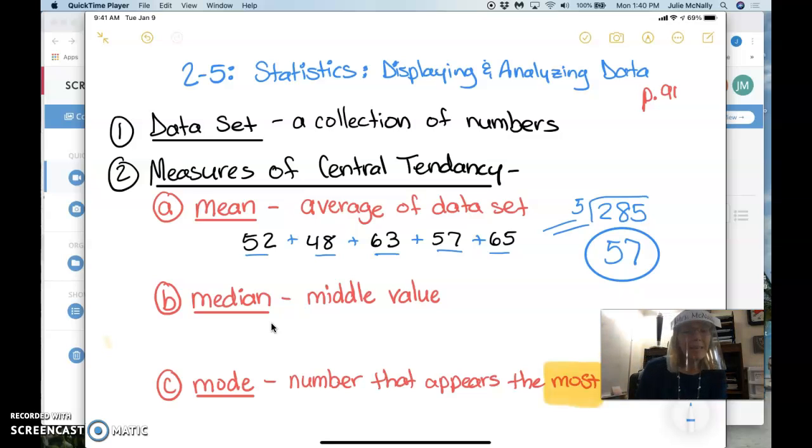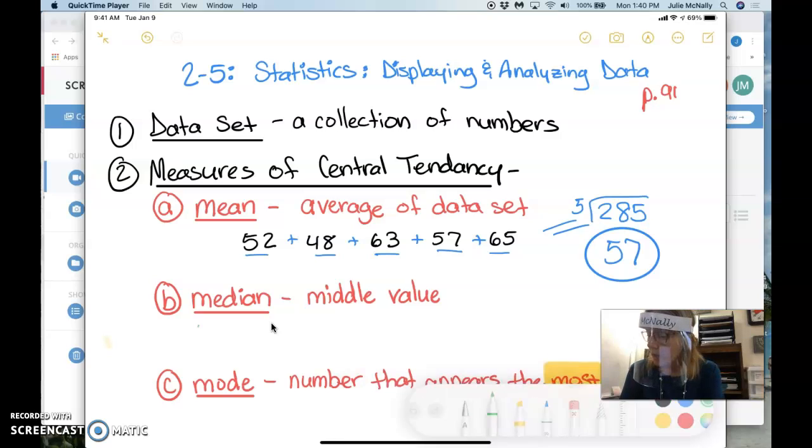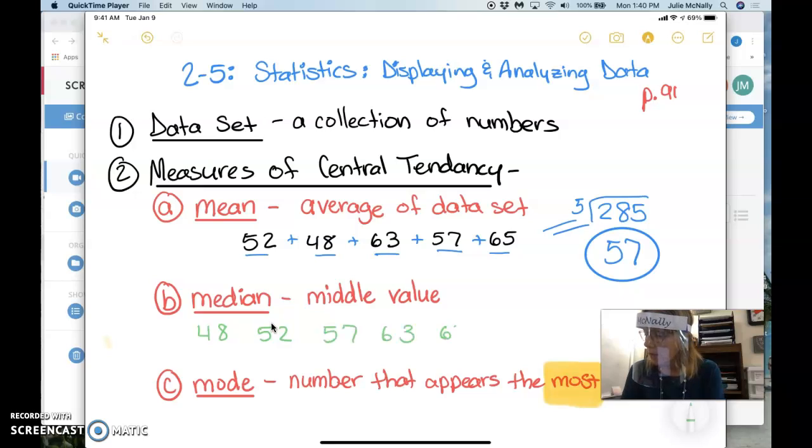So now median. To find the median of my data, remember median's the middle, I'm going to put my numbers in order from least to greatest. And then I'm going to see which number falls in the middle of my data. So I see 48 is my smallest. And then I have 52, 57, 63, and 65.